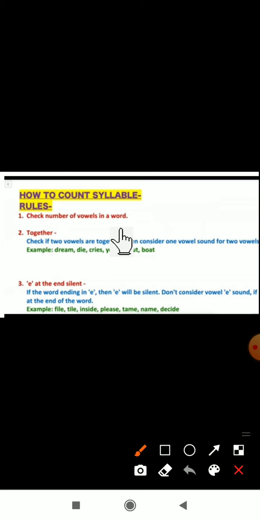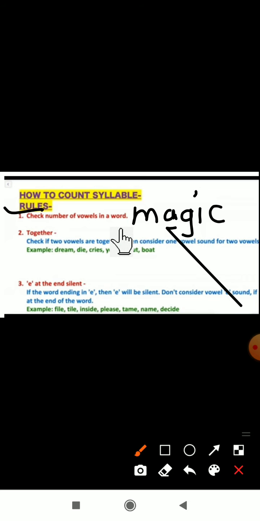So here I will show you one word, that is magic. In this word magic, find out the vowels. First, check the number of vowels in the word. Our first rule. So A and I. So we can say that how many syllables are there? 2.